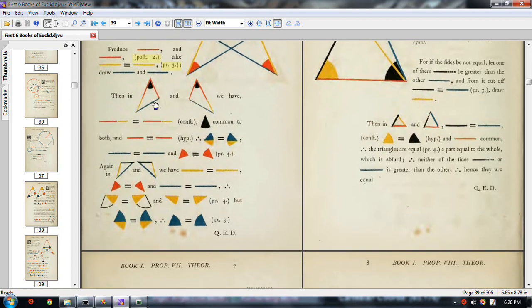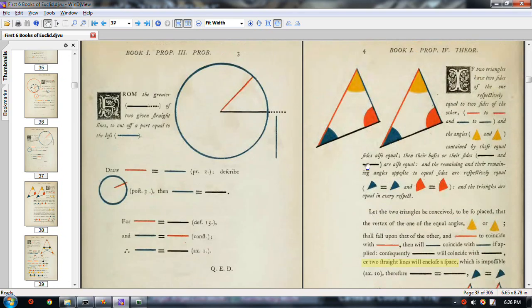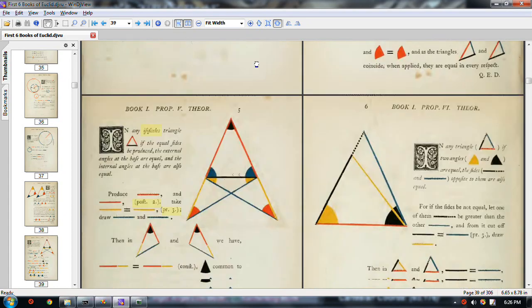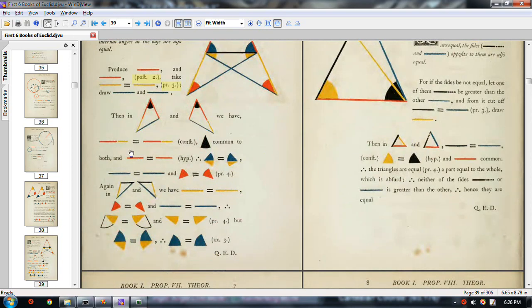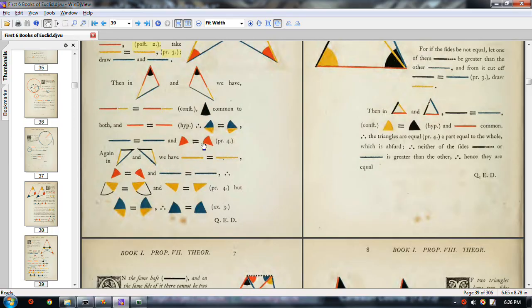Alright, so now we have two sides the same and a common angle, which tells us that the base is the same. By the previous problem. The previous problem told us that two sides the same and an angle in common means the triangles are equal in every possible respect. So in particular, what does that tell us? It tells us the blues are the same. It tells us this angle and this angle are the same.